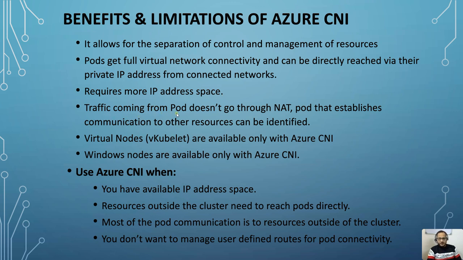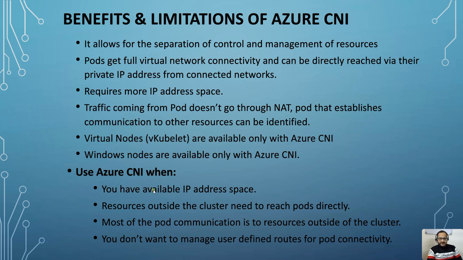Traffic coming from a pod doesn't go through NAT. A pod that initiates communication to other resources can be identified. Virtual nodes are available only with Azure CNI, and Windows nodes are available only with Azure CNI. If your application wants to run on the Windows platform or Windows pods, then you should use Azure CNI, because Kubenet doesn't support Windows nodes.